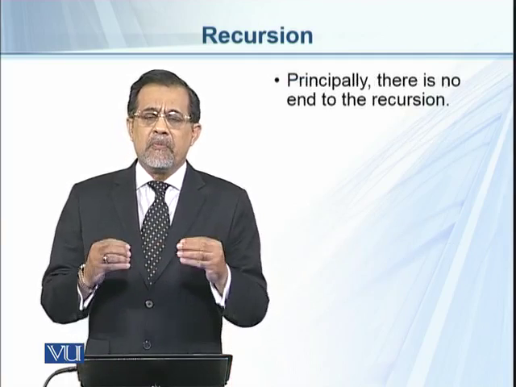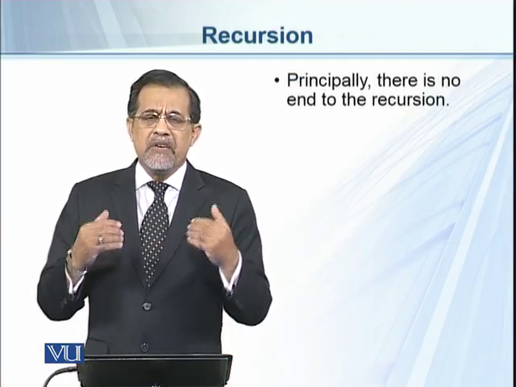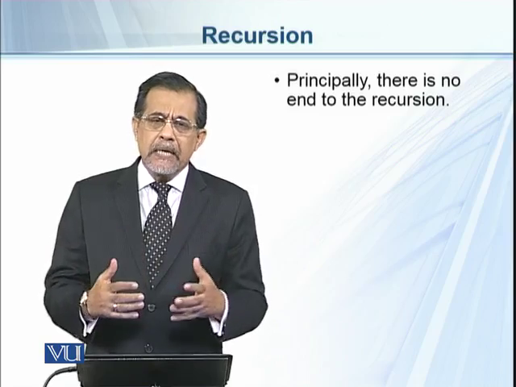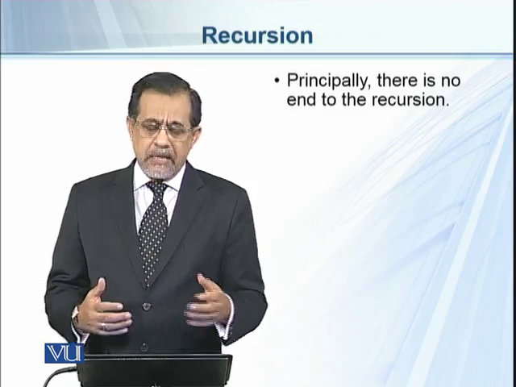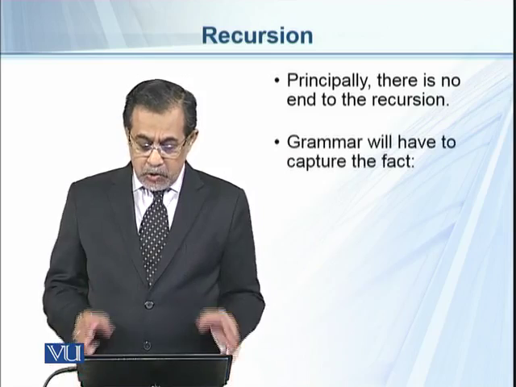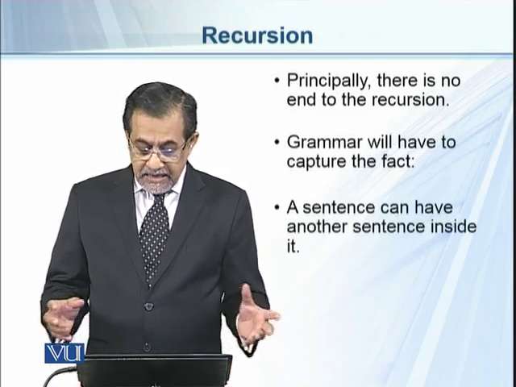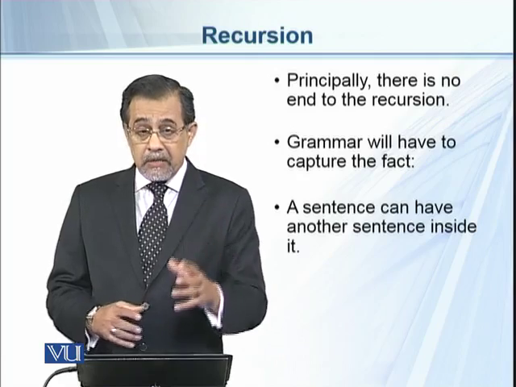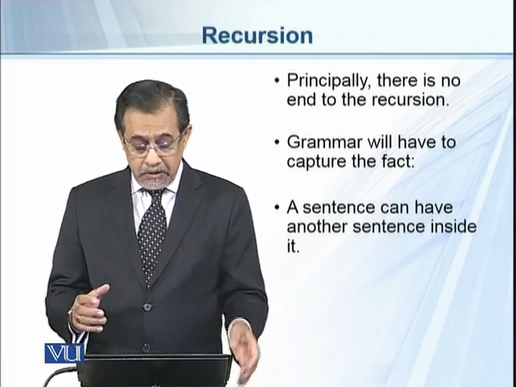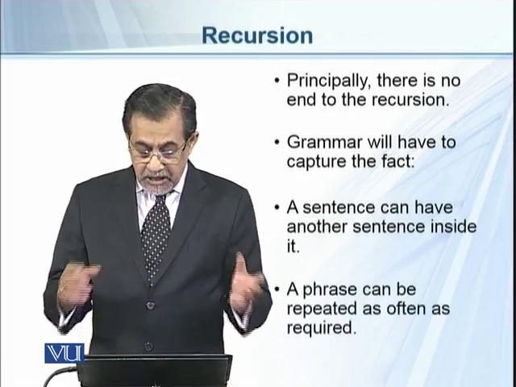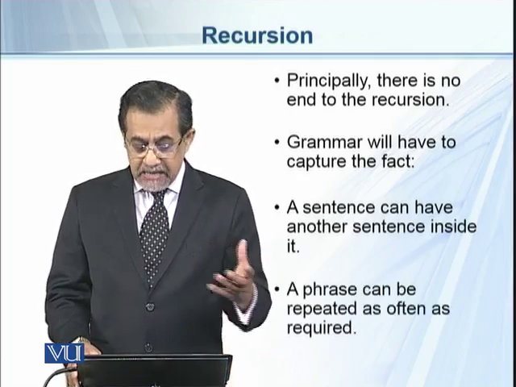We can add not just 1, 2, 3, we can add a number of sentences into one sentence. So grammar will have to capture the fact that a sentence can have another sentence inside it. So this is one aspect of recursion. A phrase can be repeated as often as required.